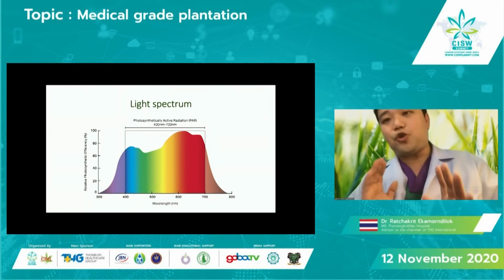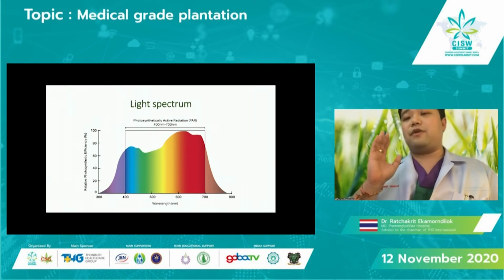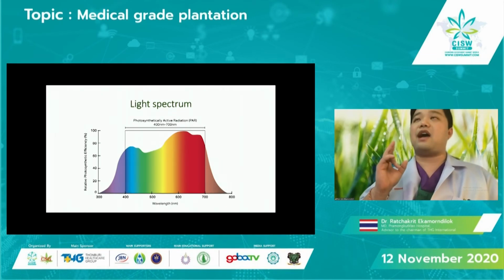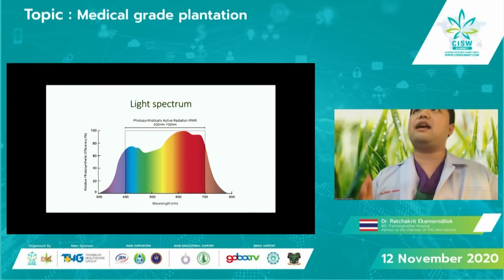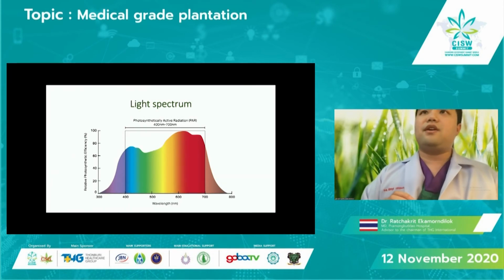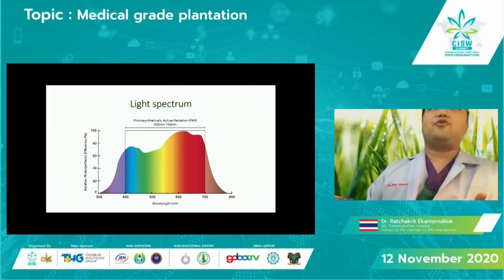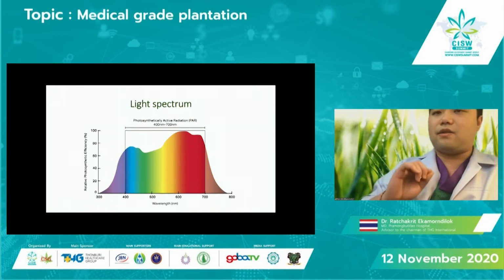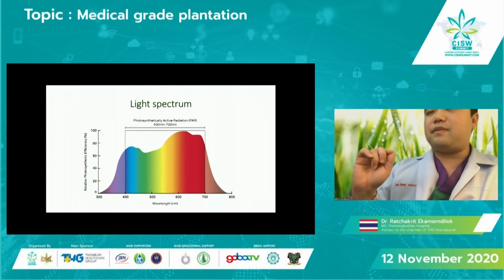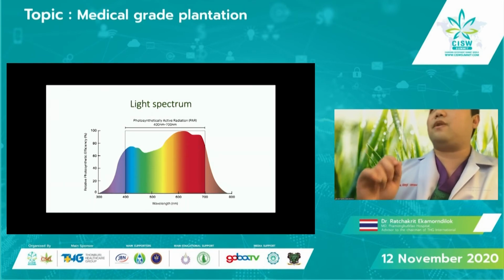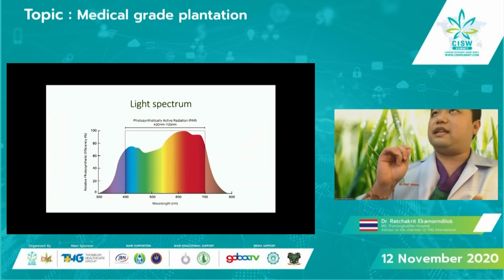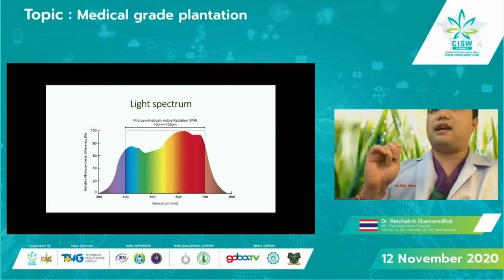When you need to choose the artificial light for medical plantation, you have to understand PAR and the wavelength. You do not need lumens. Trust me, when you ask for the specification of your light, you need PAR and wavelength.